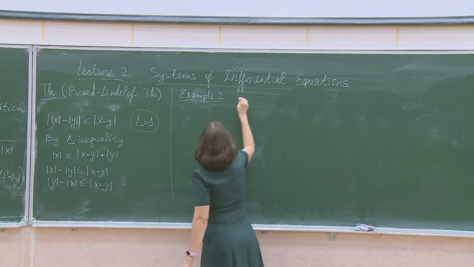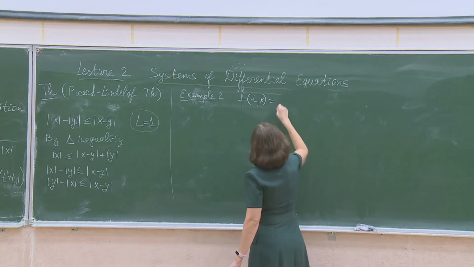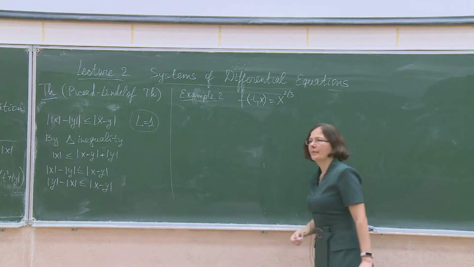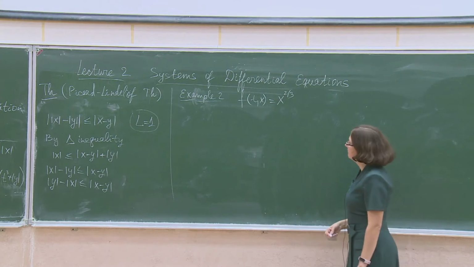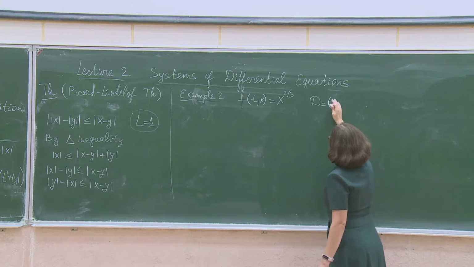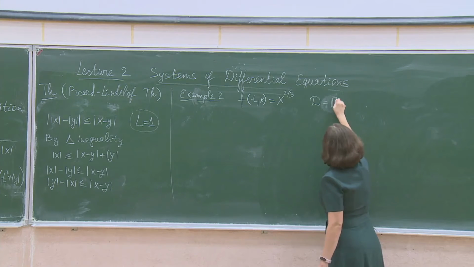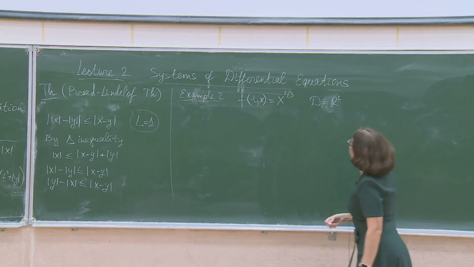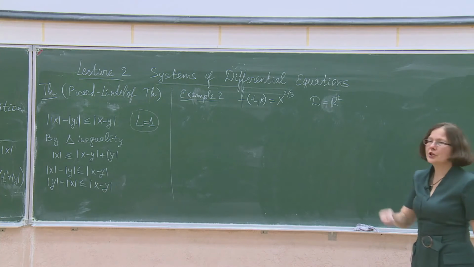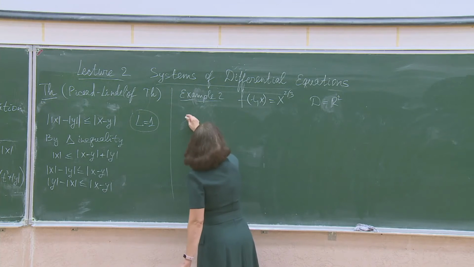Let's consider a function which is equal to x to the power 2/3. And D will be, let it be R, so R squared. Then let's check the Lipschitz condition.